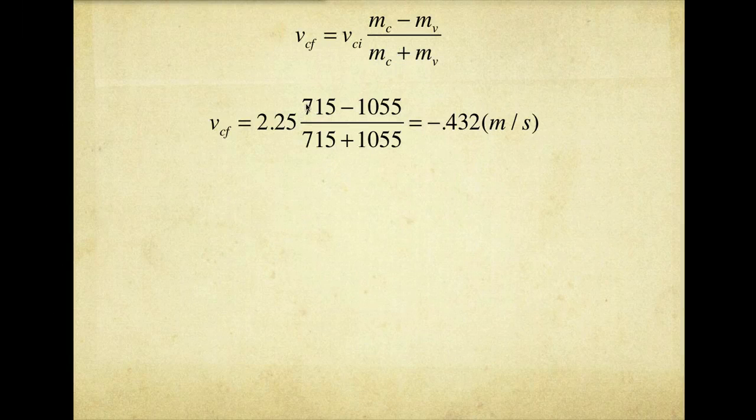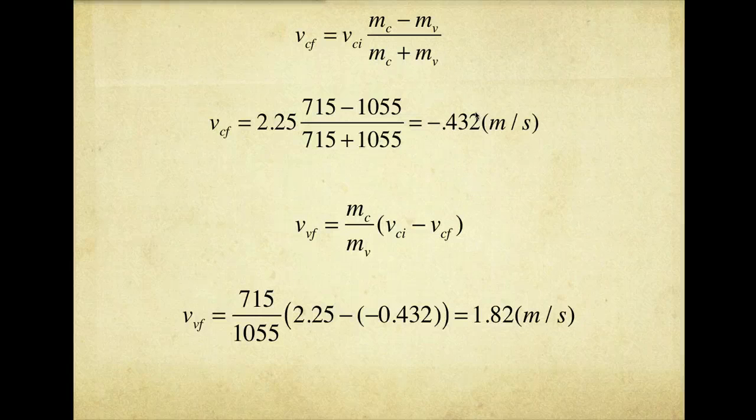Using this formula, 715 was the mass of the car, 1055 was the mass of the van. The difference over the addition, 225 was initial velocity of the car, so I end up with negative because the car bounces back. And then this came from the conservation of momentum, and so since I'm subtracting the final velocity of the car, and the final velocity of the car is negative, it ends up to be a positive number, and so the van is going forward, but much slower.